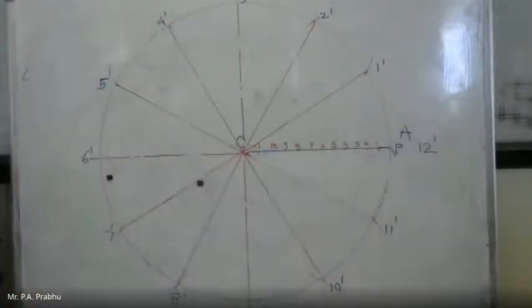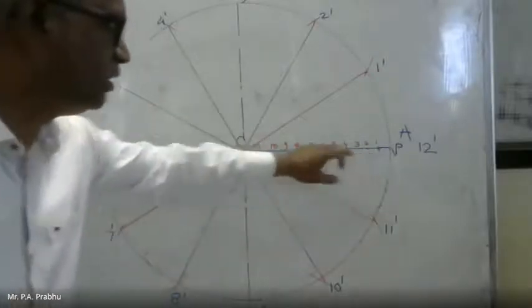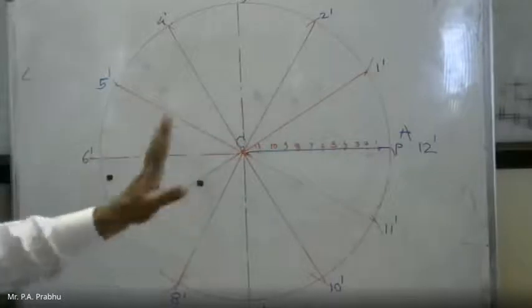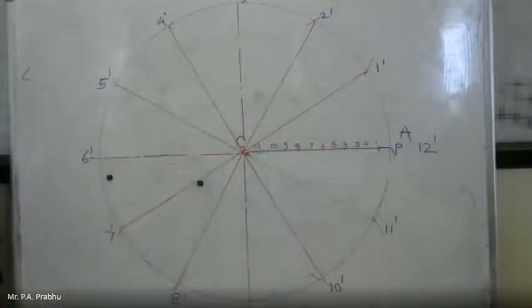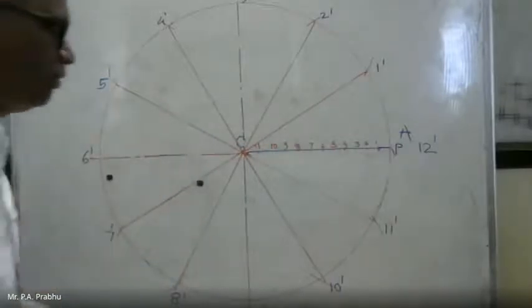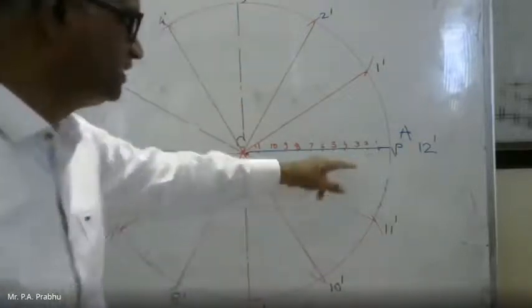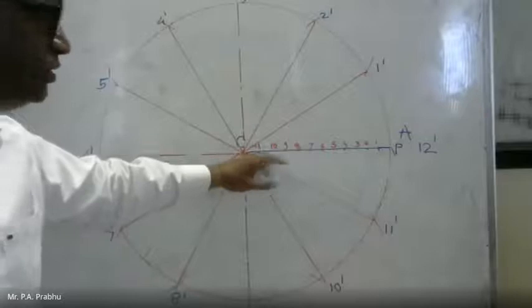So what we have done is divide this 100 mm into 12 parts and this circle into 12 parts. Now, take your compass. This is the initial, starting position.